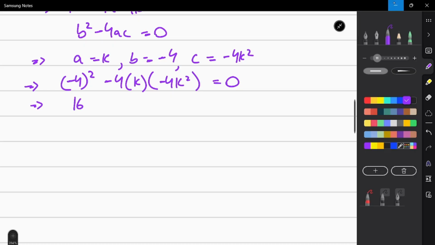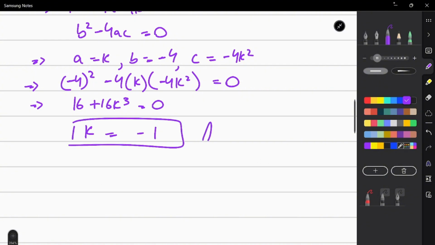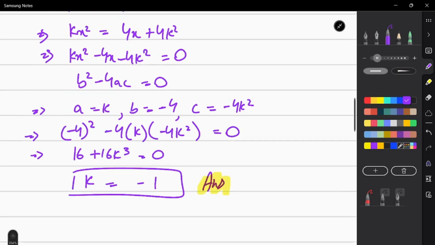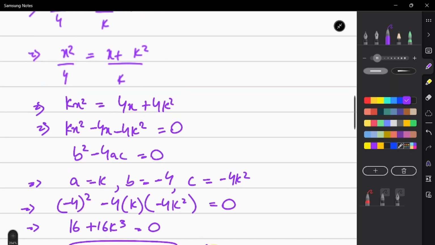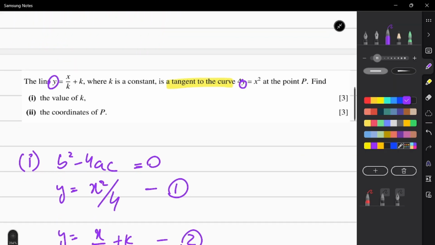This gives us 16 plus 16k cubed. k is going to be minus 1. A bit direct, but we have much to solve, so I'll be keeping it short. So we have gotten k, and now we need to find the coordinates of P.